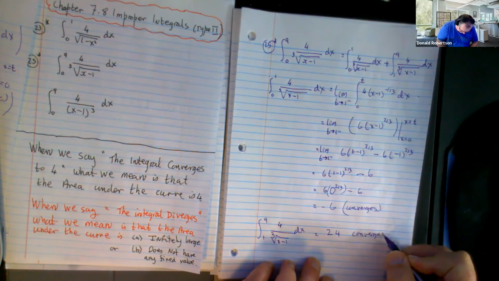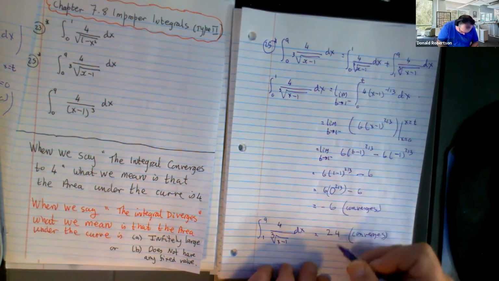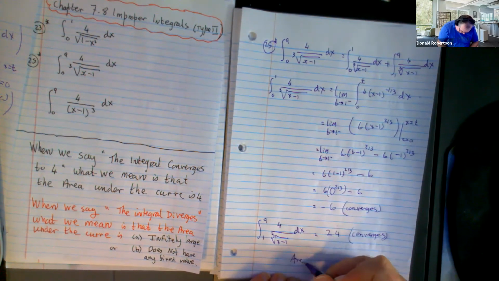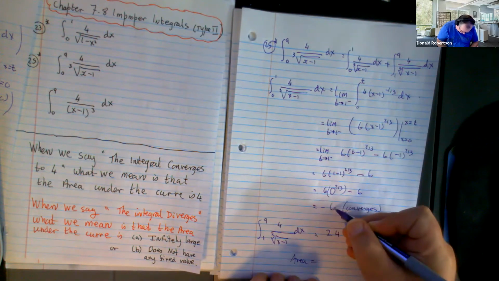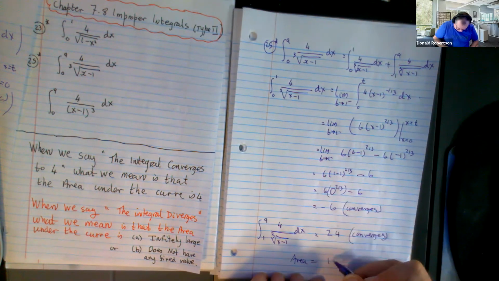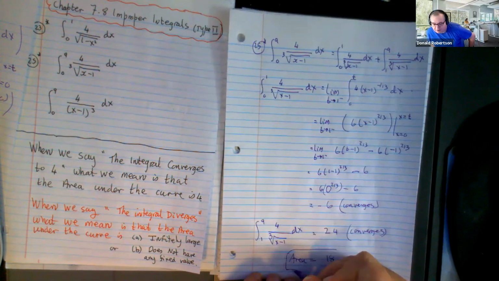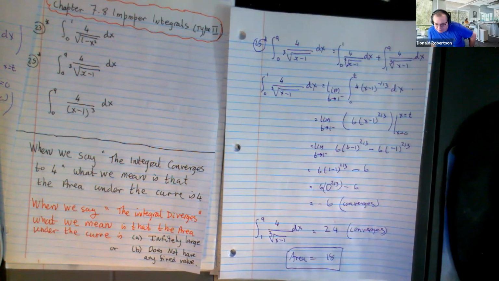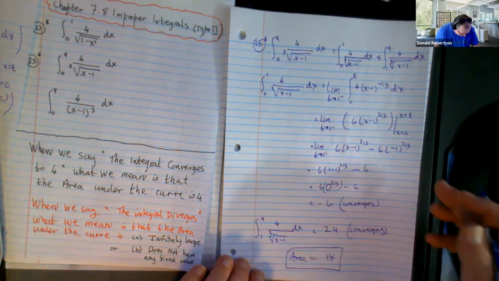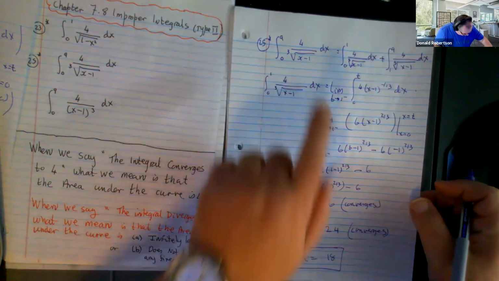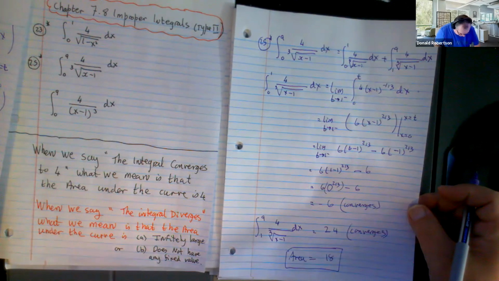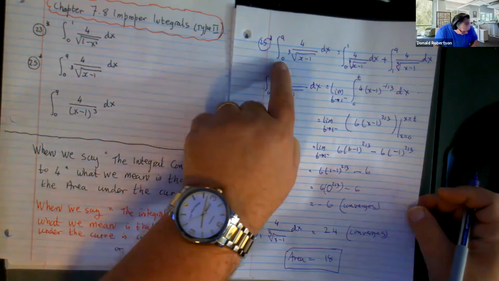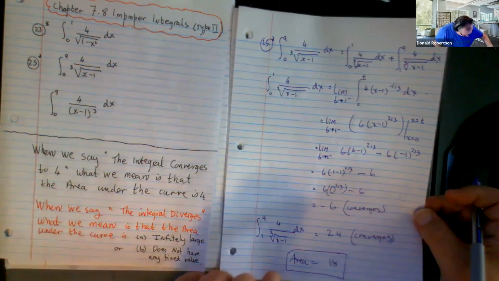And that tells us the entire area. That bit's -6, that bit's 24. If I did my calculations correctly, and I did the last one in my head, so it may not be, you get 18. Are we good? And that's how you take care of a type 2, where the vertical asymptote is in the middle of the limits of integration.